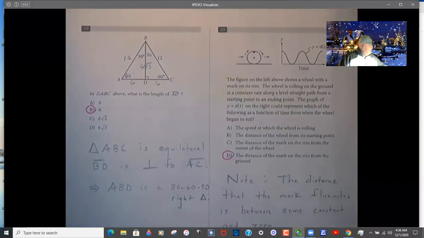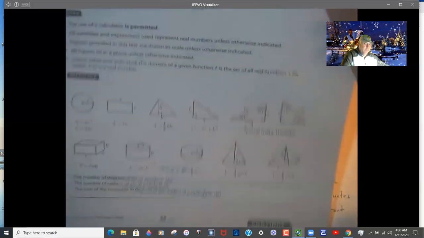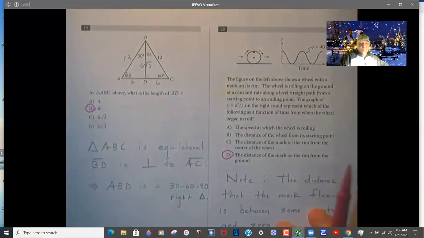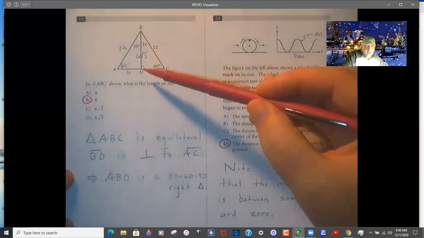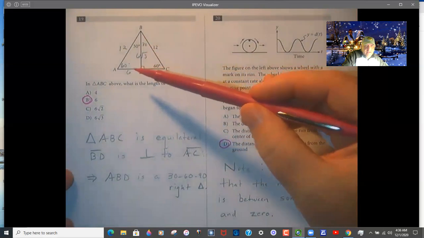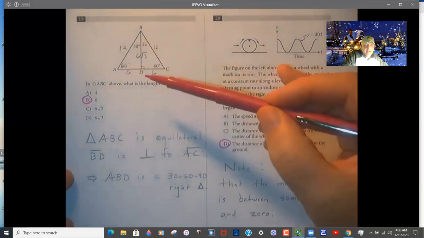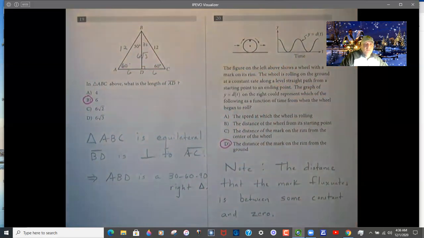Equilateral triangle, here we go with the first page stuff. Let me see if I can find it here without taking forever. Your 30, 60, 90 rules. It's right here. Look back at that. So we know this is 30, and this right here is 90, that's 60, and that's got to hit at the midpoint if that's the case.